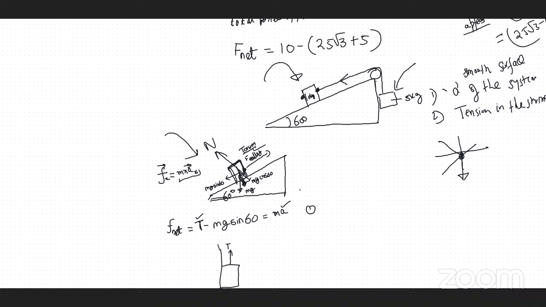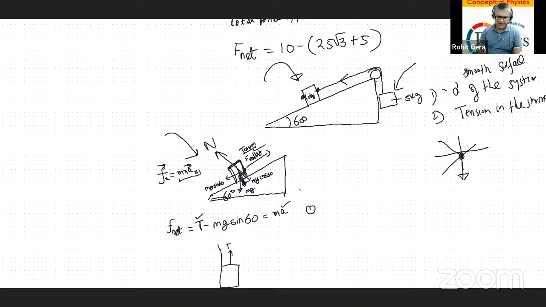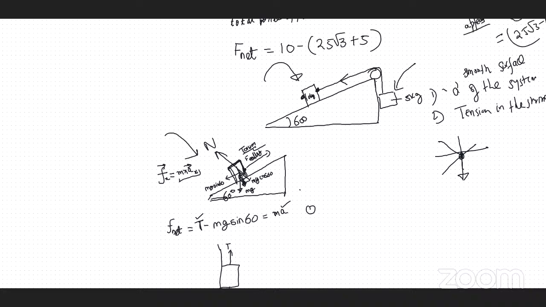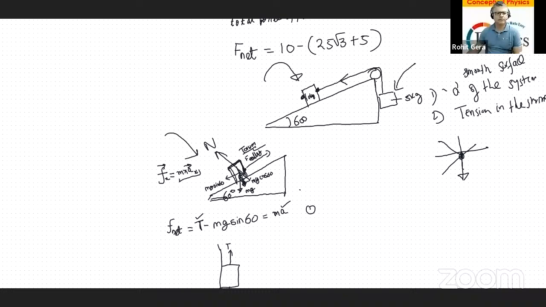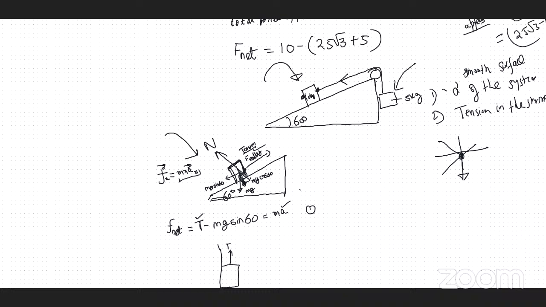Yes. And this would be mg. That is correct. And the system is moving with an acceleration, right? The system is moving with an acceleration. So the net force would be T minus mg.